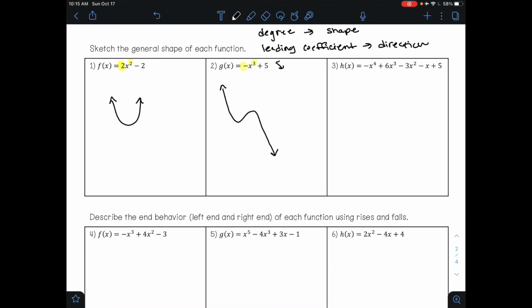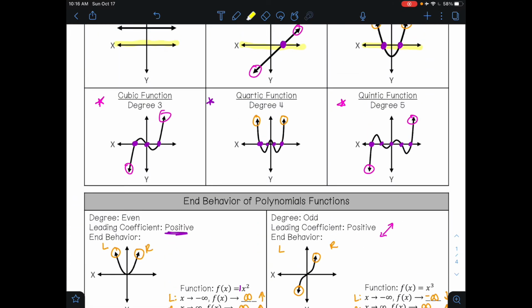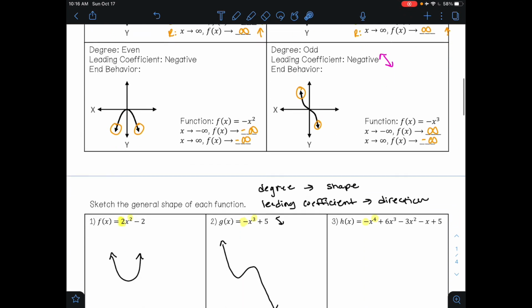On example 3, we have negative x to the 4th plus 6x cubed minus 3x squared minus x plus 5. The only thing you really care about is the highest degree, which is 4, and that it's negative. Your degree of 4 makes a W shape. If it's negative, it's going to be upside down and make an M shape.